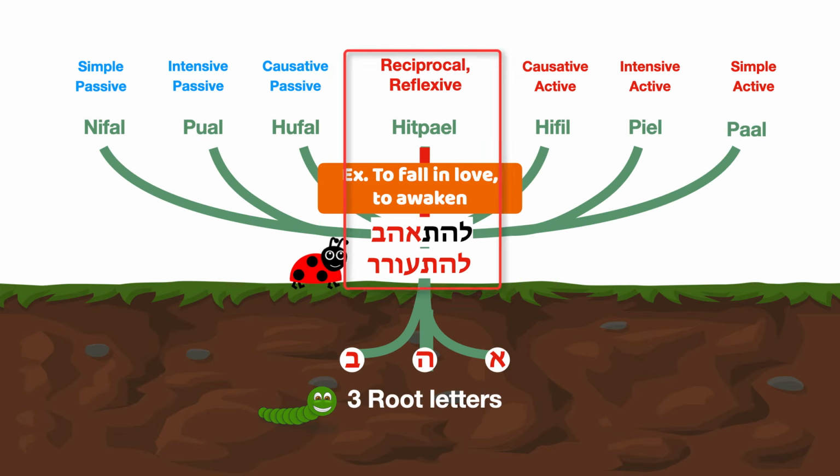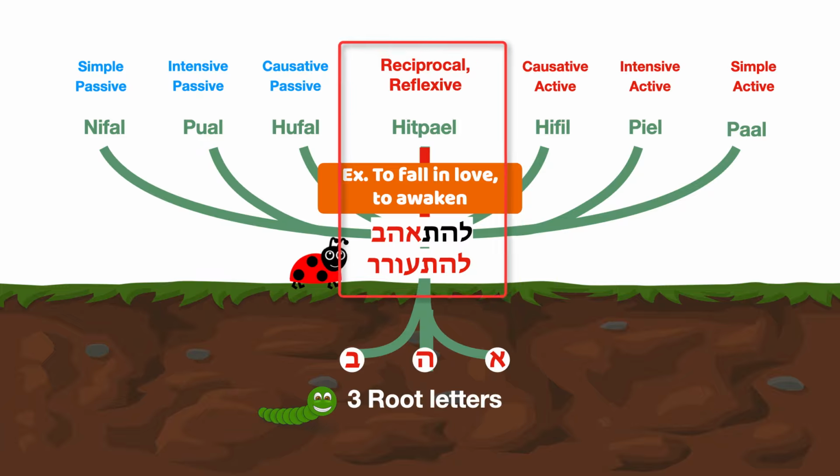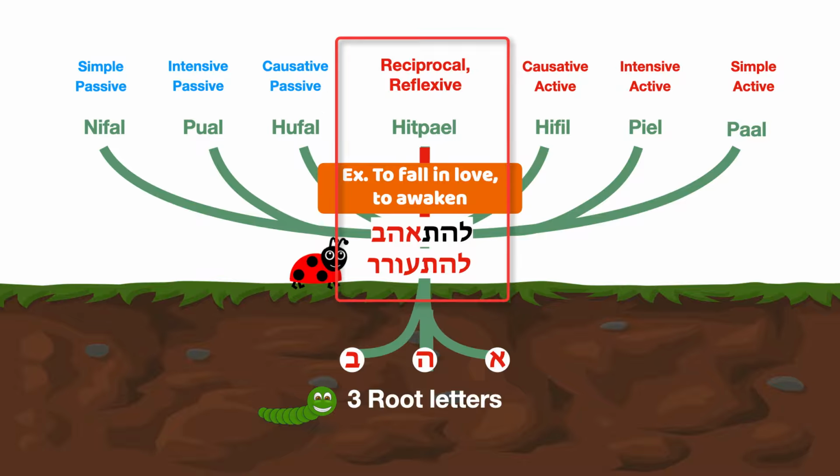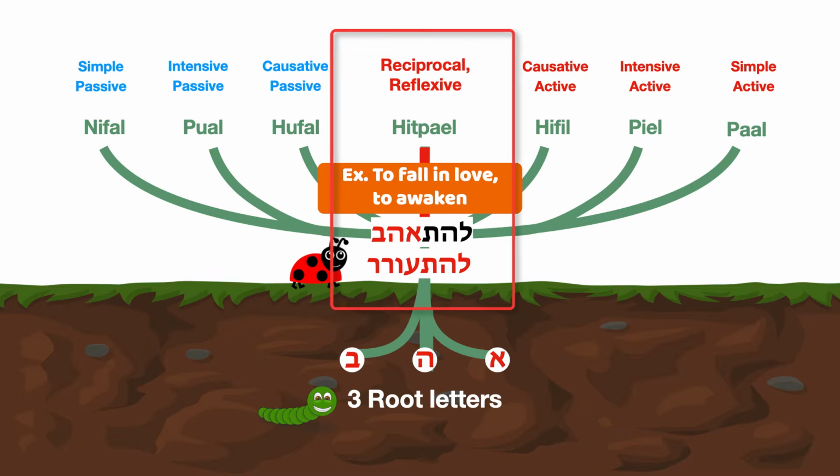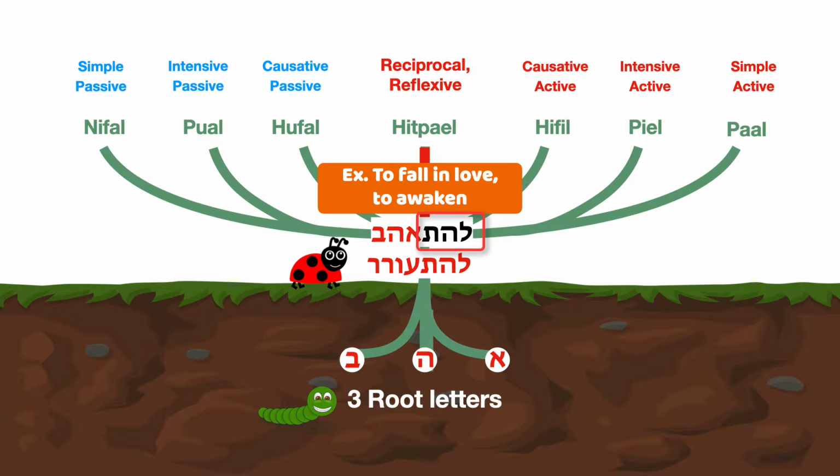Heatpile verbs often speak of reciprocal acts, self-directed acts, or intensely motivated actions. This central verb stem often involves verbs related to very sophisticated concepts. The general rule to have the infinitive form of a heatpile verb is to add the prefix lahit before the root.